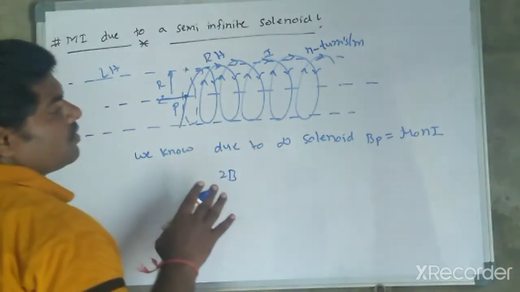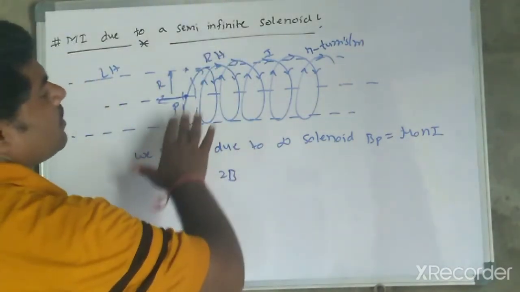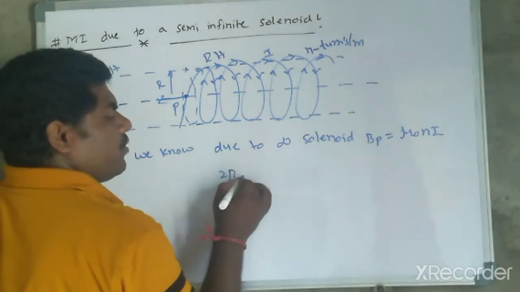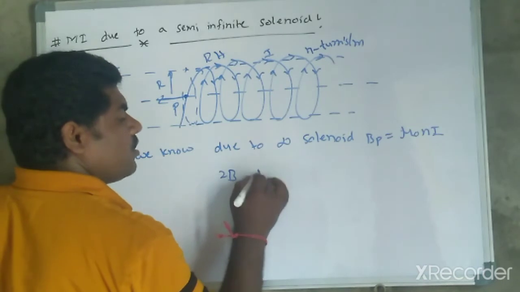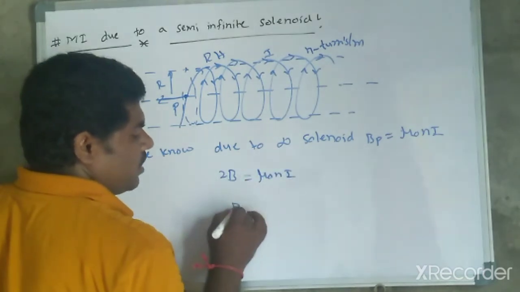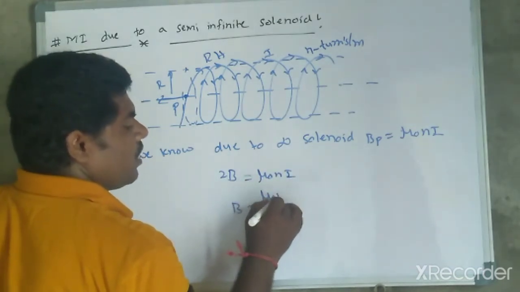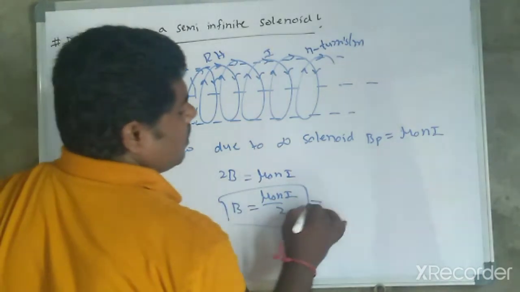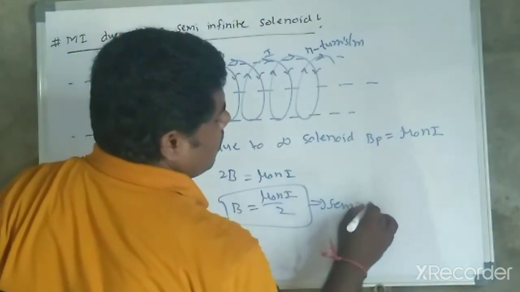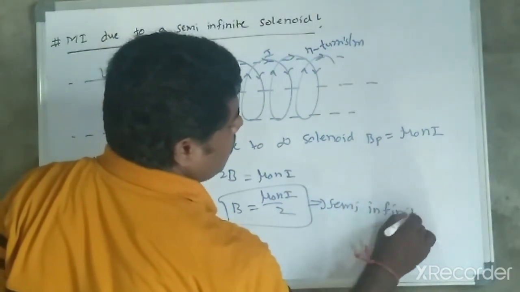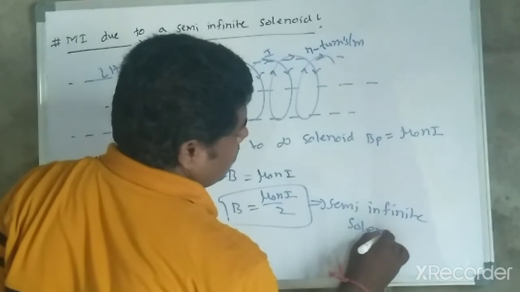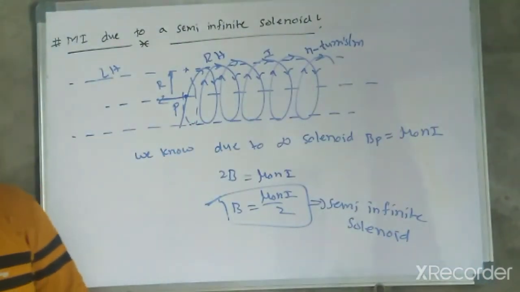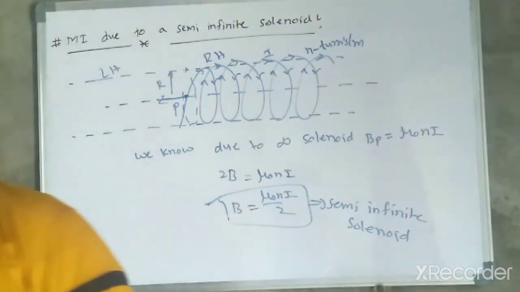So here, for the infinite solenoid B is equal to mu naught n into I, and here B is equal to mu naught n into I divided by 2. This magnetic induction is for the semi-infinite solenoid. This is also a very, very important formula. Based on this, they will ask numerical problems.